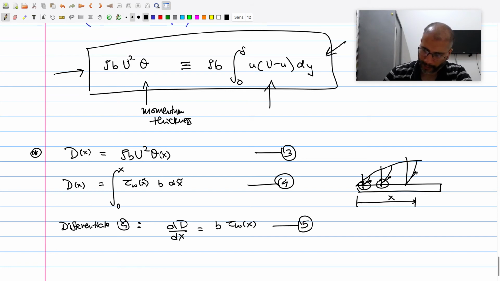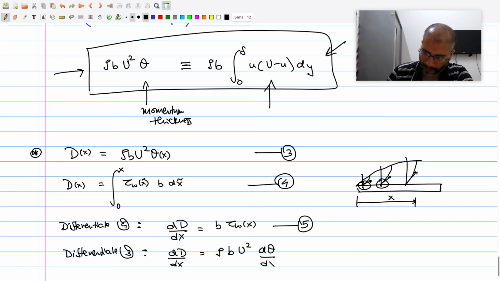This I will call 5. Then I can also differentiate 3. That gives us dD/dx equal to rho b U squared d theta/dx, that is 6.